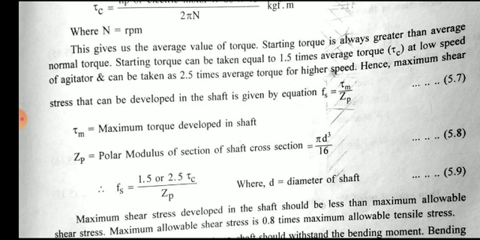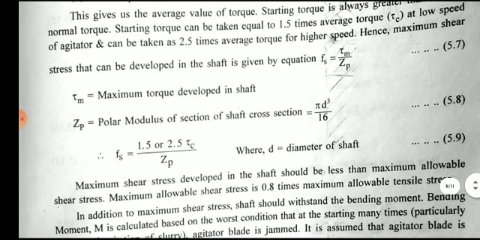So maximum stress on the shaft is Fs equal to tau m by Zp, where tau m is the maximum torque developed in the shaft.